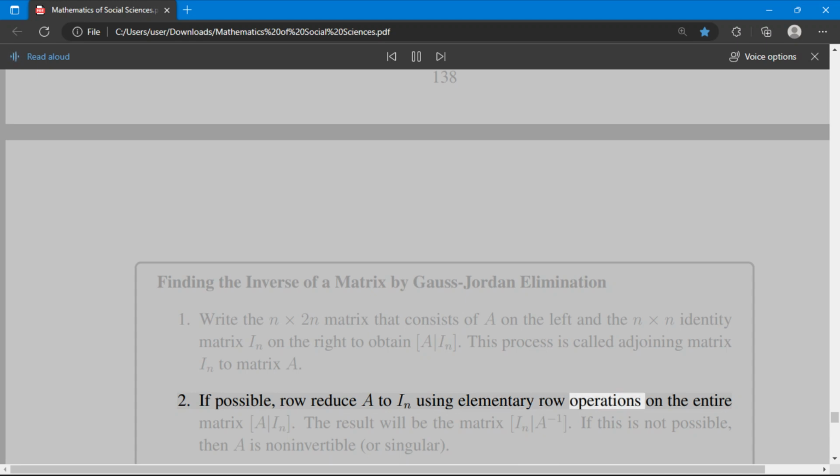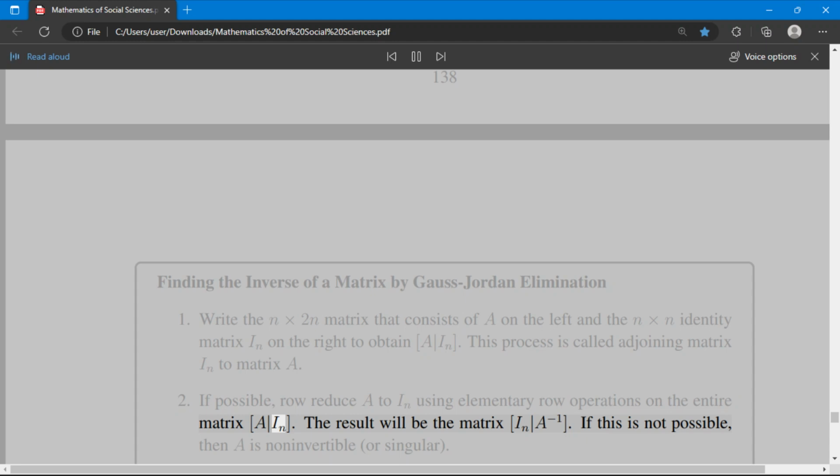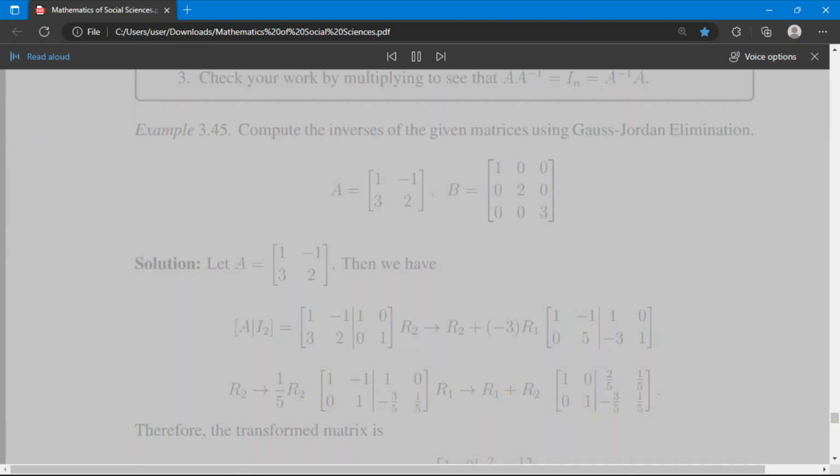If possible, row reduce A to In using elementary row operations on the entire matrix A In. The result will be the matrix In A1. If this is not possible, then A is non-invertible, or singular.